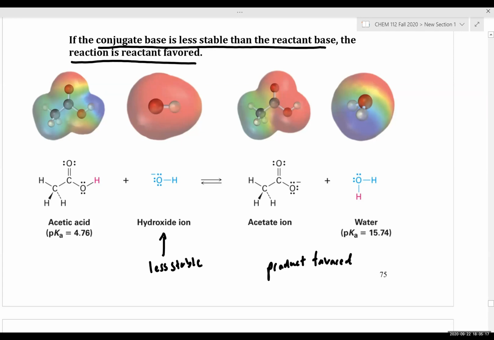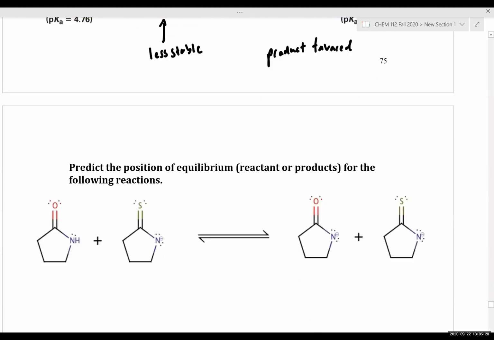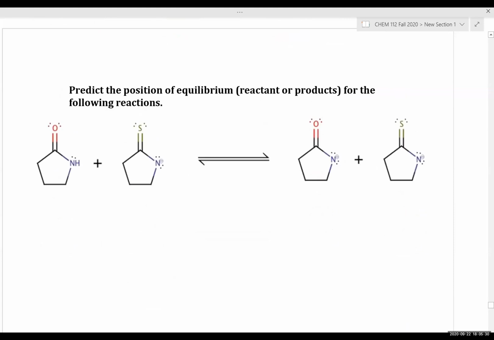Now, this same process can be used to deliberately choose an acid or base to complete a reaction. And that's what we're gonna develop here. We're gonna assess the position of an equilibrium for various acid-base reactions between two compounds.